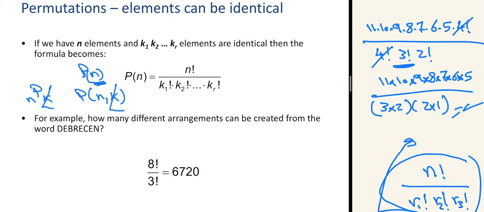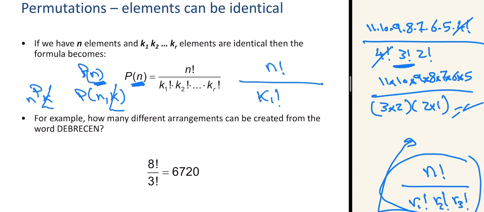But here they said identical, repeated, duplicated, whatever. So this is the example which we just gave. If we are using all the n numbers, the answer will be n factorial, but we have to divide by the number of repetitions, which will be R1 factorial, R2 factorial, R3 factorial, or it could be K1 factorial if they're calling it K1.